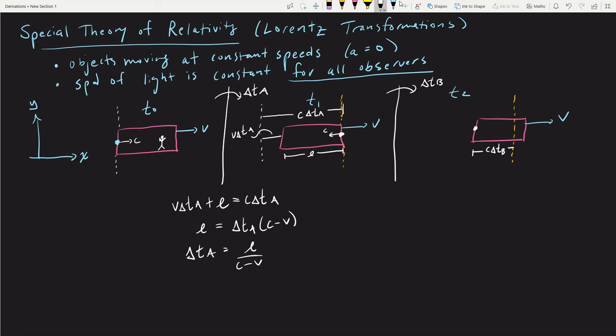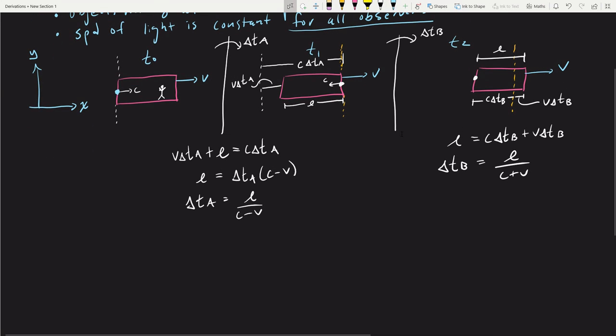And then this little bit right here is v delta TB. And then, of course, the whole thing is L. So you might be surmising what's going on here already, but then we get L equals c delta TB plus v delta TB, and then rearranging, you get delta TB equals L over (c plus v).